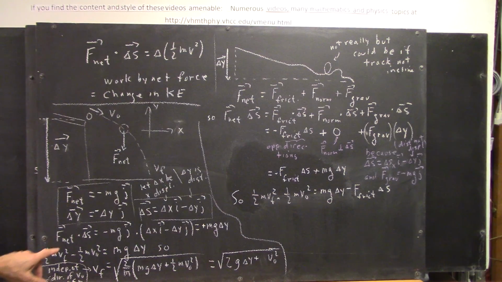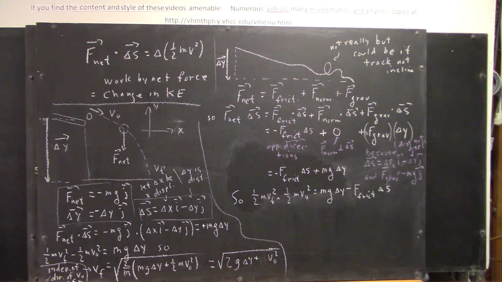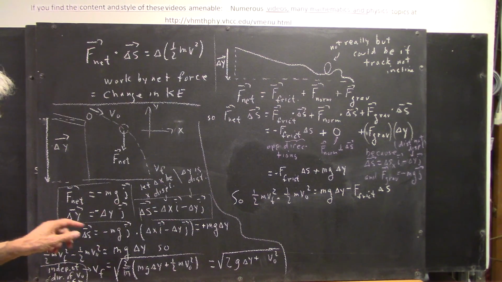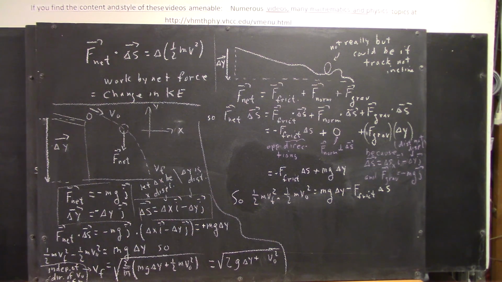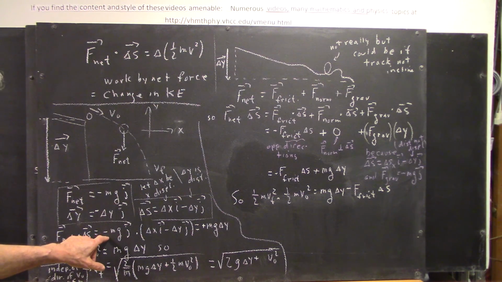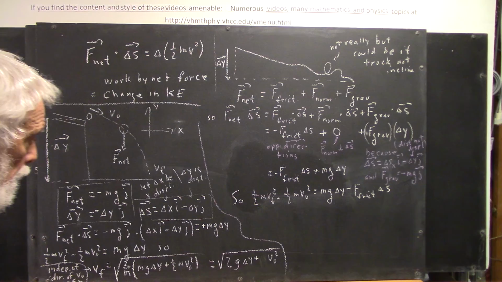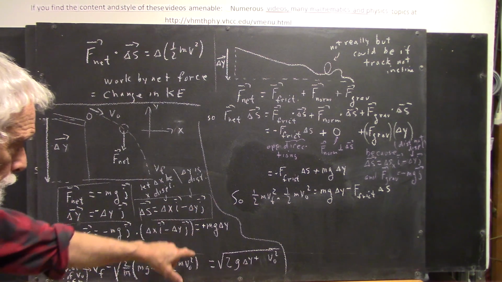Okay, well, then F net dot delta S, which is our work, is going to be equal to F net, which is our negative mg j, dotted with our delta S, which is delta x i minus delta y j. And that's going to equal what? Negative mg times negative delta y, mg delta y. Our j component multiplied by our j component.